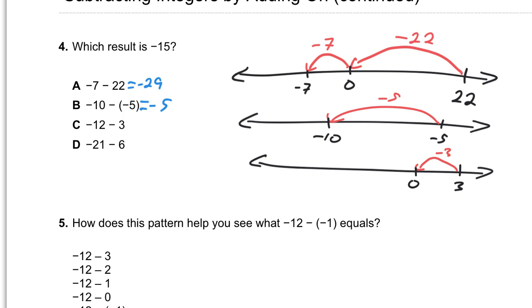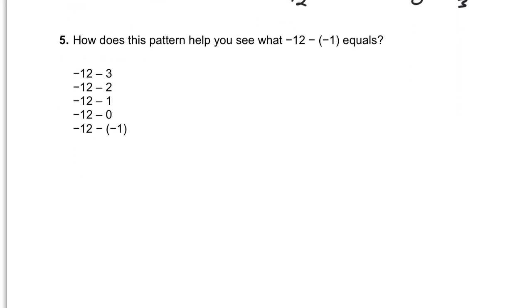Then we're going to take another jump of negative 12 to get to negative 12. And how far have we traveled in total? Well, 12 negatives plus 3 negatives is going to be 15 negatives. It looks like we've found our answer. This one is negative 15. And we don't even need to do the last one.